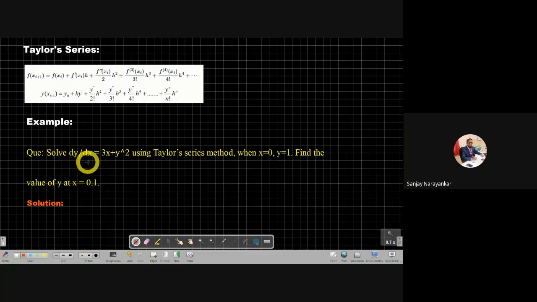Solve dy by dx is equal to 3x plus y square using Taylor series method. When x is equal to 0, y is equal to 1, find the value of y at x is equal to 0.1.